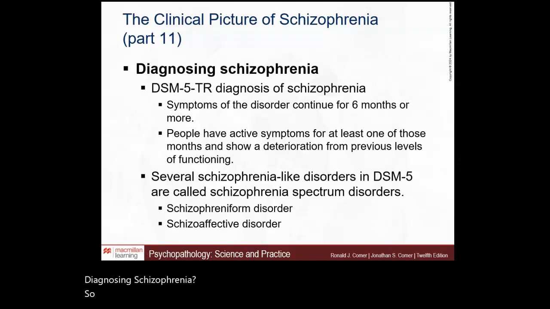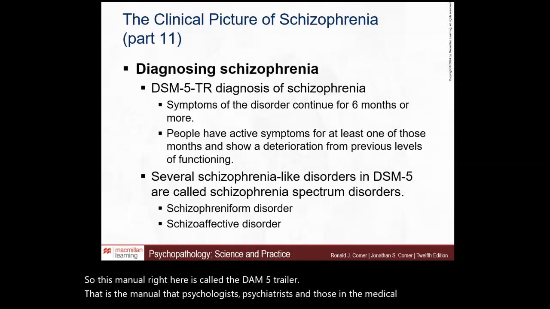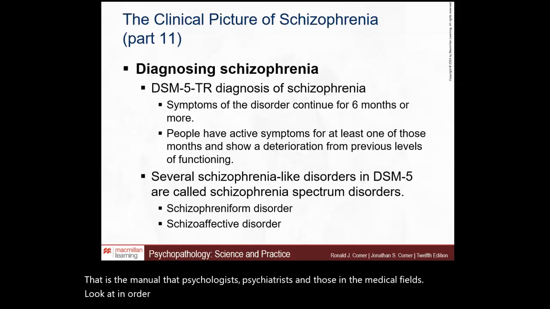This manual right here is called the DSM-5-TR. That is the manual that psychologists, psychiatrists, and those in the medical fields look at in order to help them diagnose certain forms.